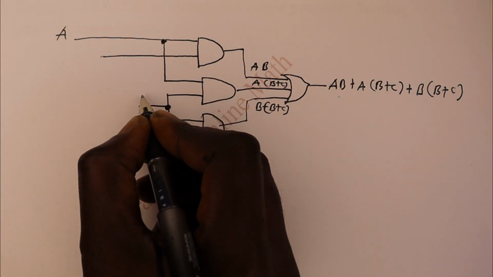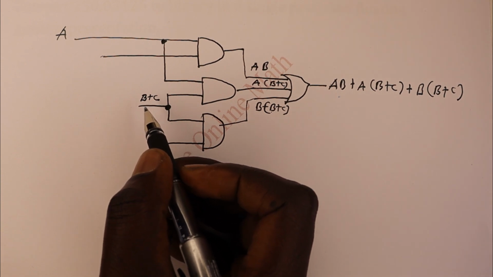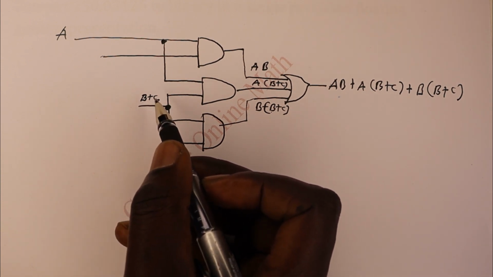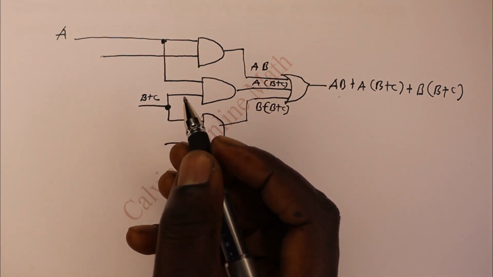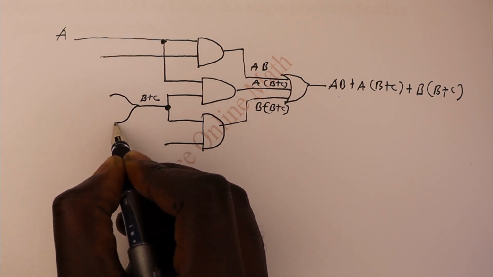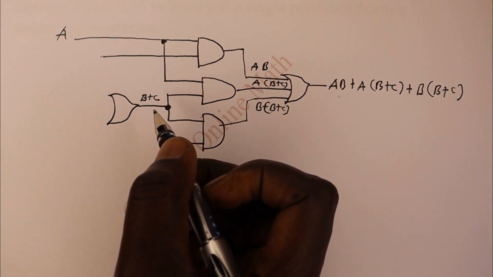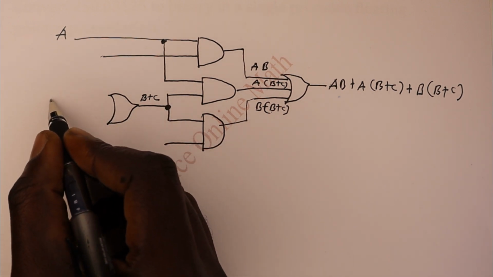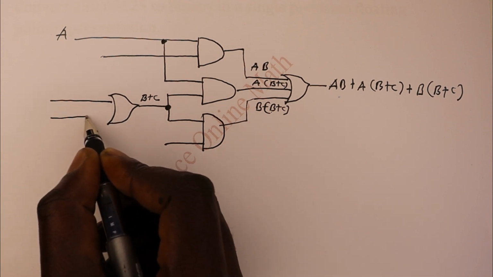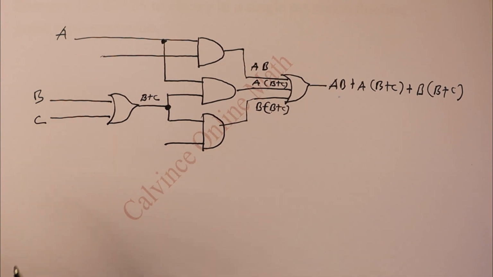So for us to have obtained B plus C, it means the inputs B and C passed through an OR gate. So just represent the symbol for an OR gate there. And it has got two inputs, that is B and C. So we could have this as B and this as C.